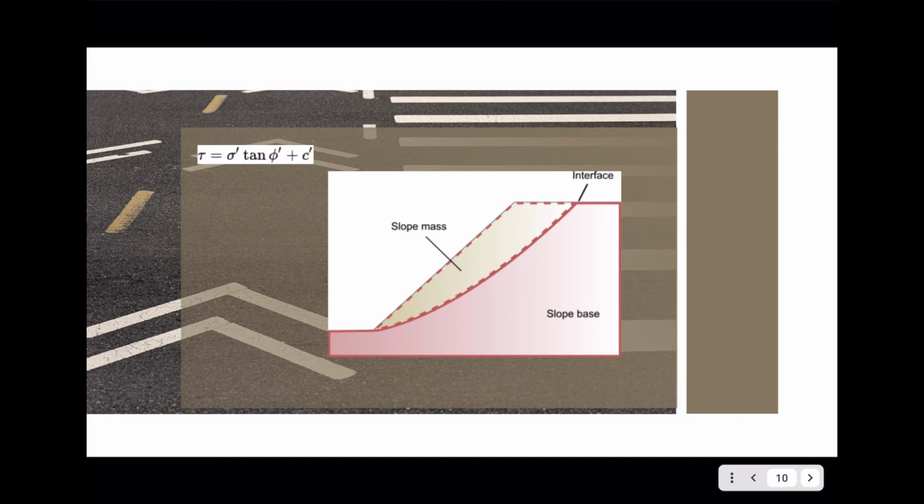In this photo, Terzaghi's concept of shear strength is the most widely used variant, which maintains that the shear strength is equal to the sum of the normal stress, sigma, and cohesion, C.